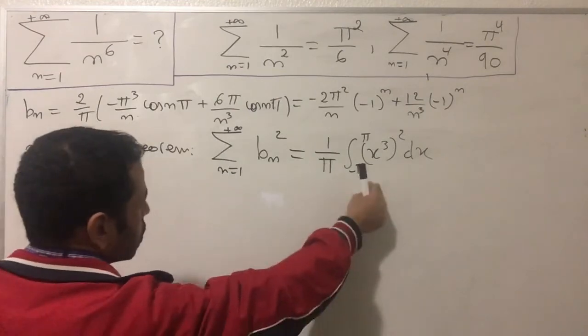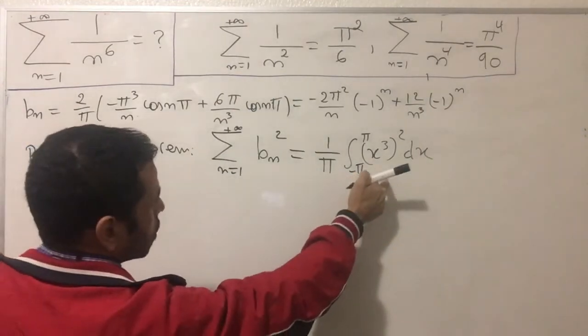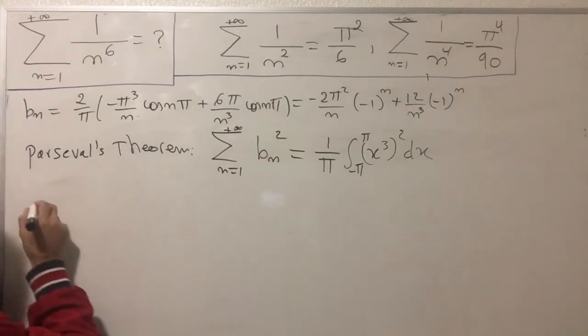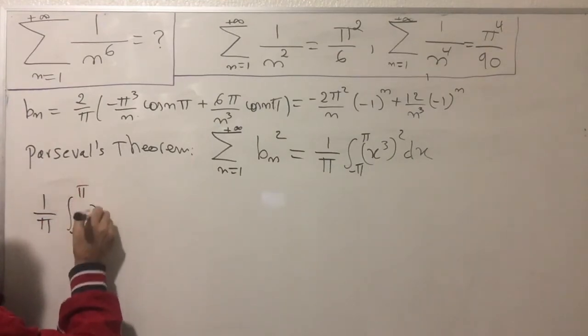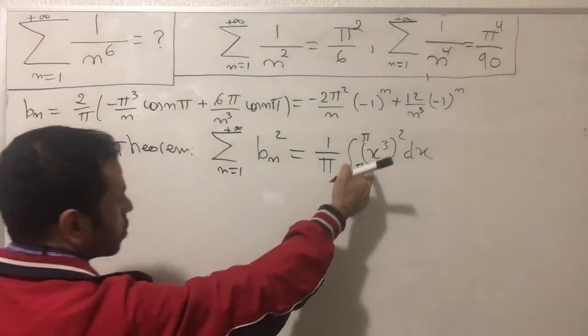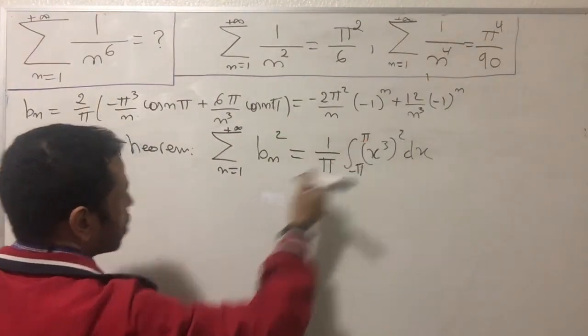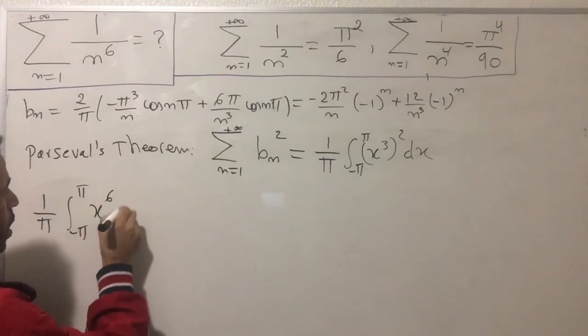So I'm going to calculate this term. As you see here, this is an even function. This integral 1 over pi from minus pi to pi of x cubed squared gives us x to the 6 dx.